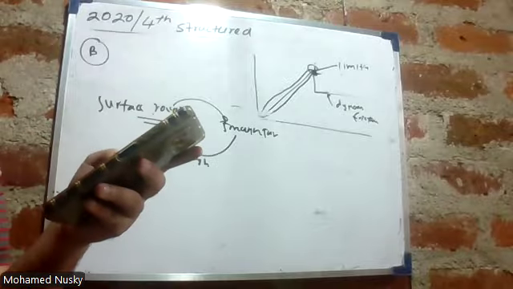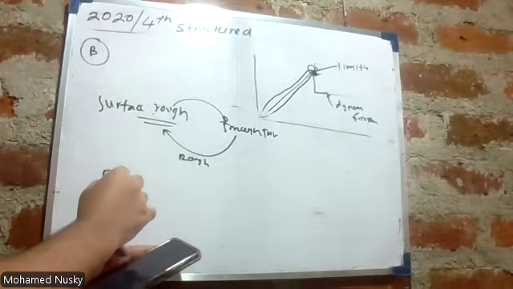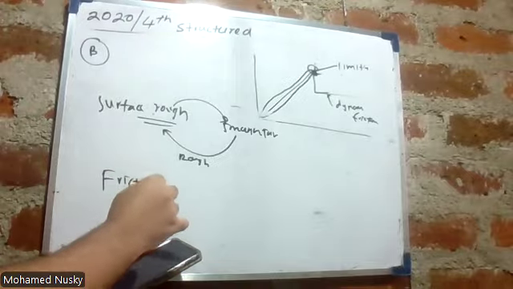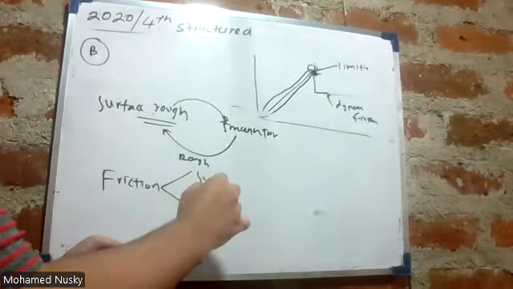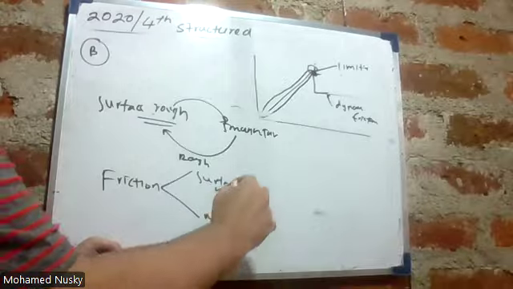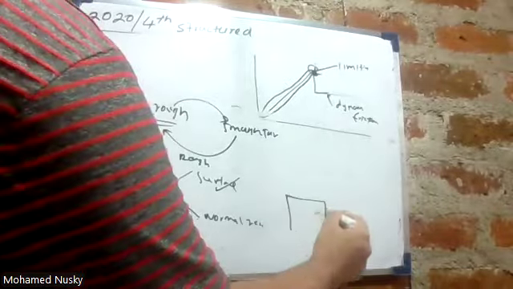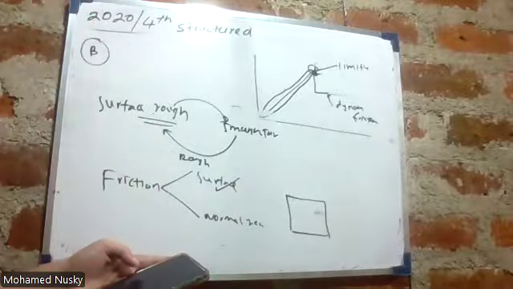I said to you that friction depends on surface and the normal reaction. This is done. Now, how can you increase the normal reaction? Here, I have a weight.